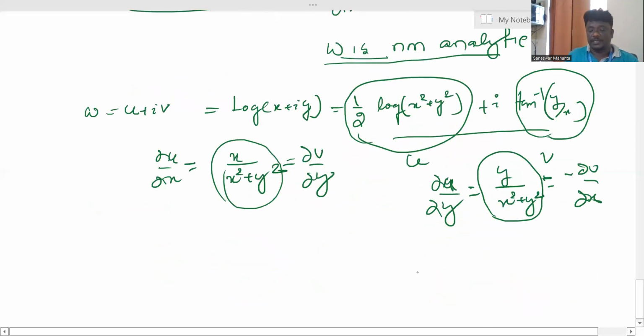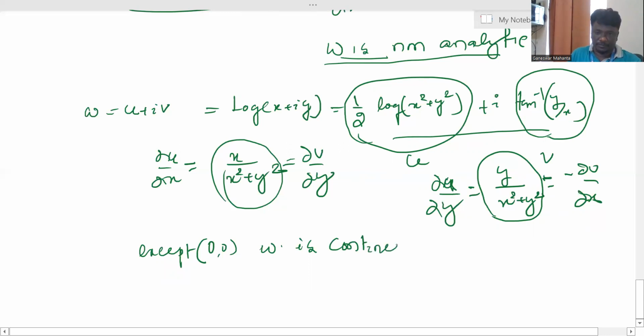Except at the origin, omega and its partial derivatives are continuous.